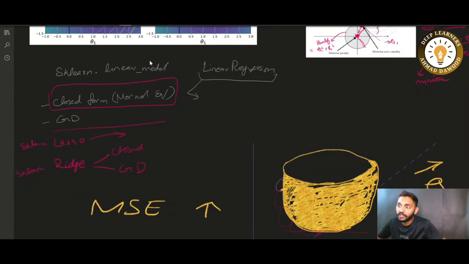But in the case of lasso, there is one option, which is gradient descent. Now, when we go towards the code, we will see lasso and ridge regression, and practically how we can implement them in more detail.